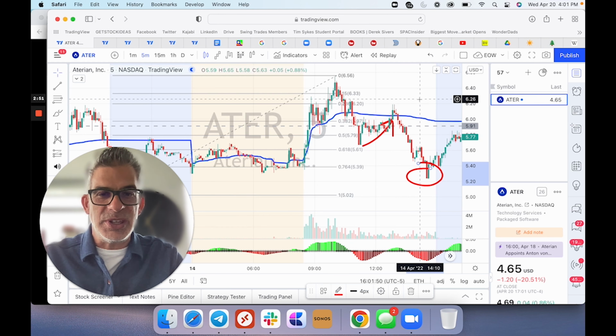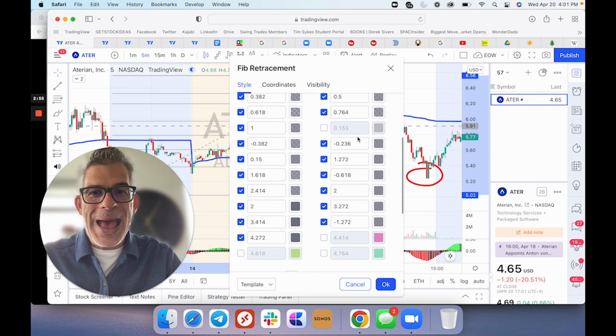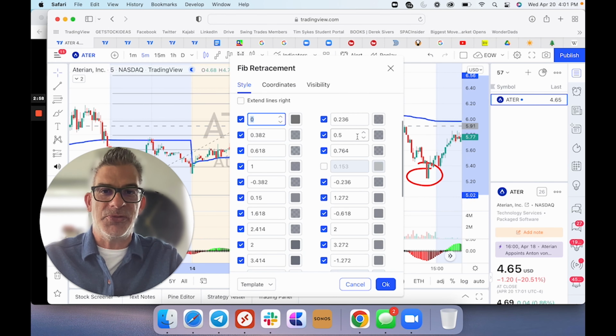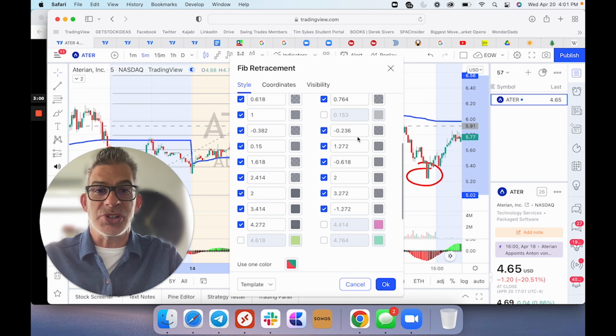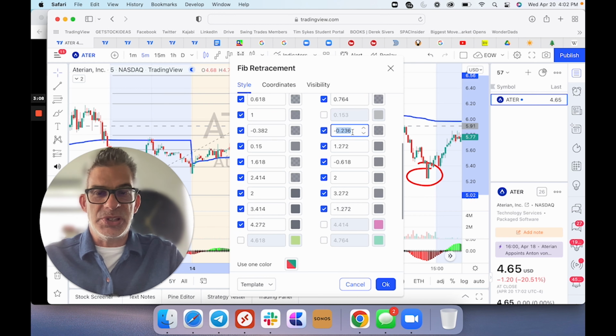So there's two things that I did here on my Fibonacci tool on TradingView. I added levels. Now, the cool thing about the Fibonacci tool on TradingView is you can just add as many levels as you want. And I took all these traditional Fibonacci levels and I either increased them or decreased them, so above 100% or below 0%. So I put a negative 236, a negative 382, a negative 1.2.